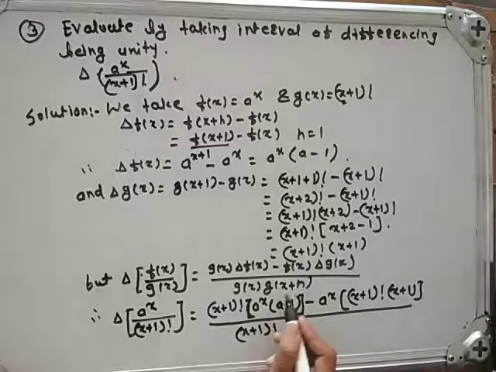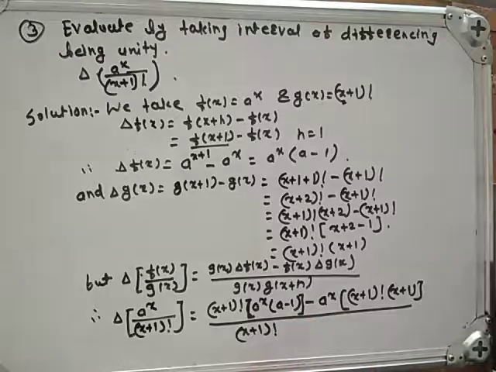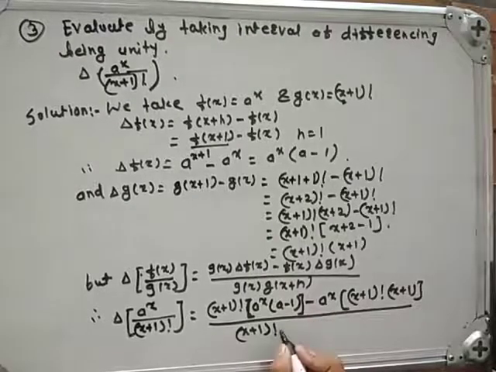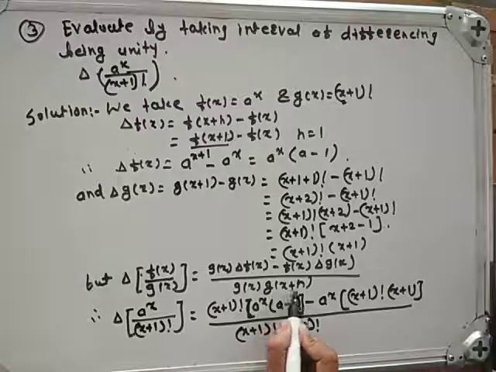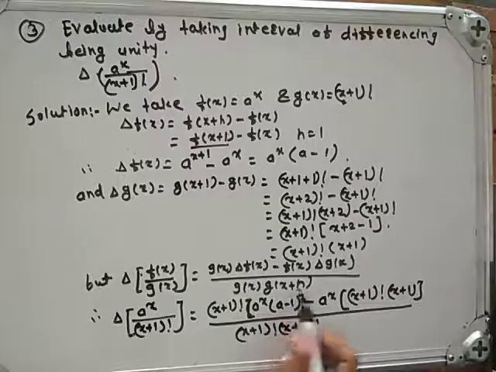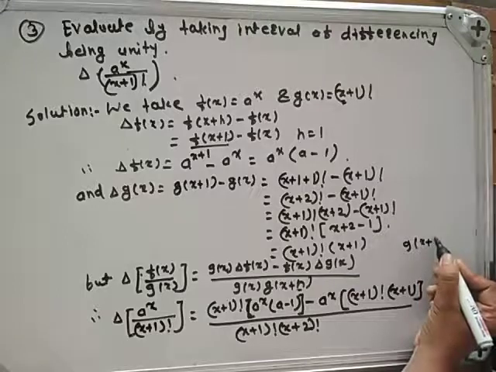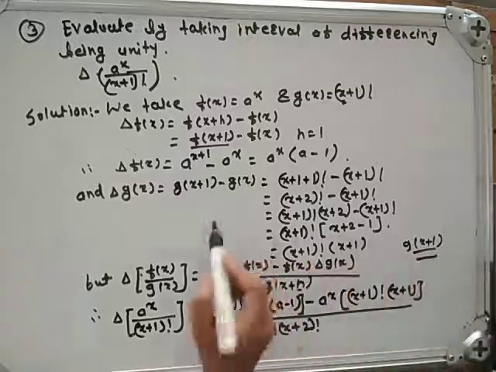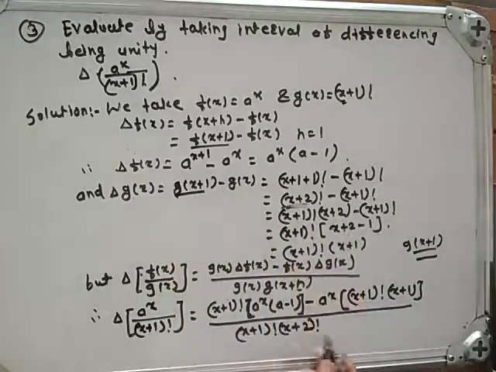G of x plus h means g of x plus 1 is x plus 2 factorial, because here h is 1, so we have to calculate g of x plus 1, and we have already calculated g of x plus 1 is nothing but x plus 2 factorial.